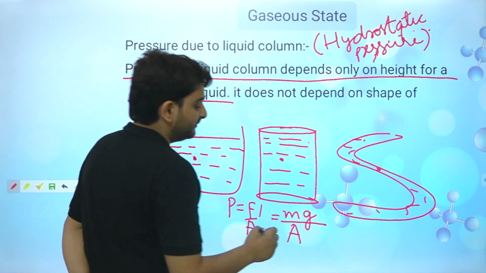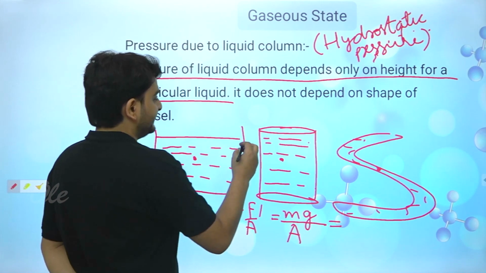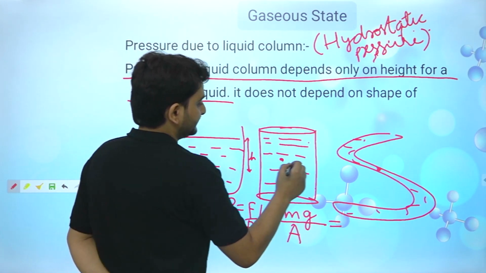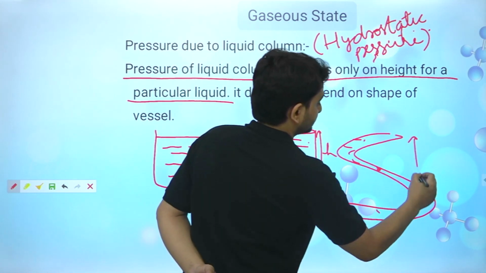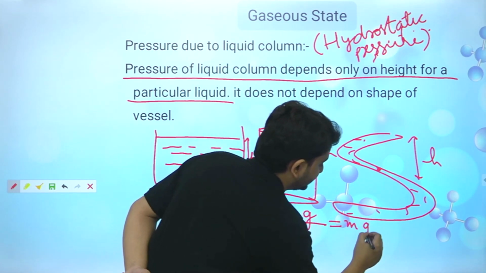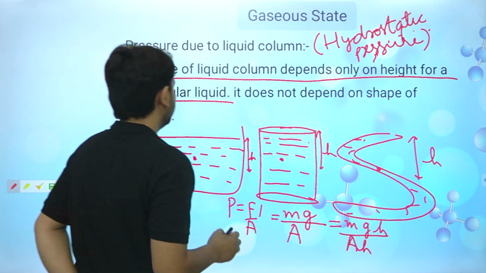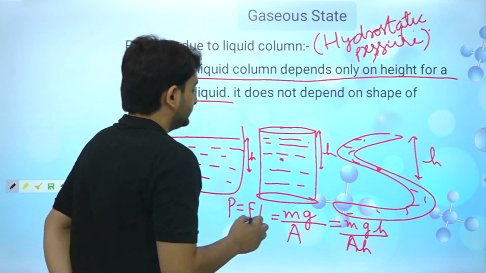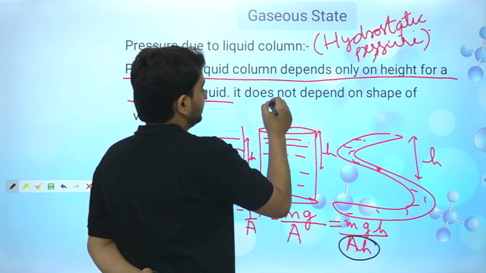Now let's say we multiply both the numerator and denominator by the height. Then we'll get mgh over Ah. And we know that Ah is nothing but volume.